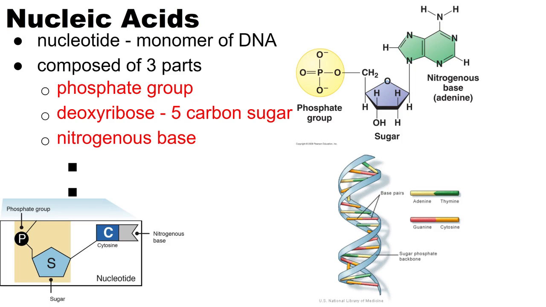And it forms this unique shape. It's called the double helix. And the DNA molecule has two sides to it. If you think of it like a ladder, you have the sides of the ladder, which are made of the sugars and the phosphate, and then the rungs of the ladder are made of these nitrogen bases.